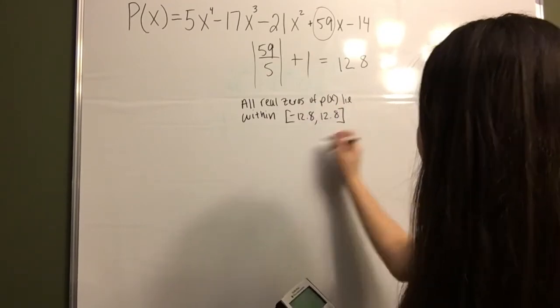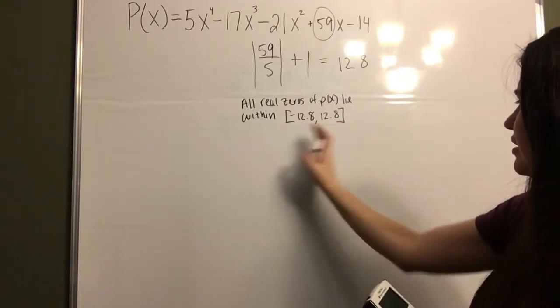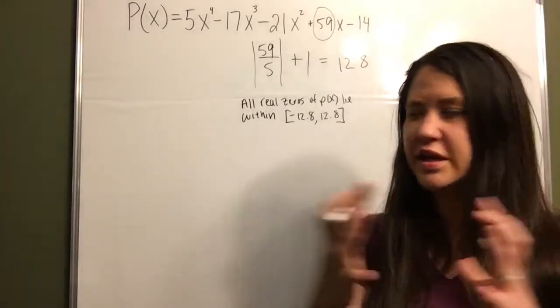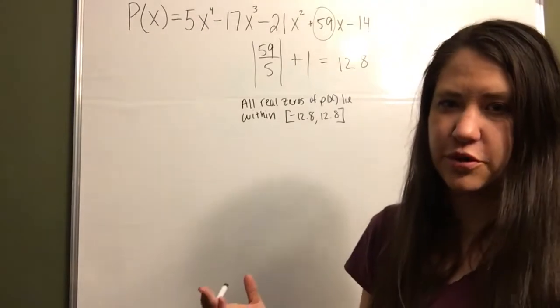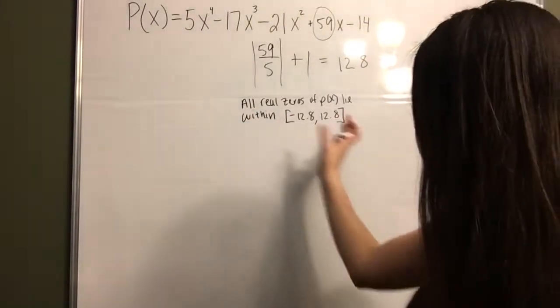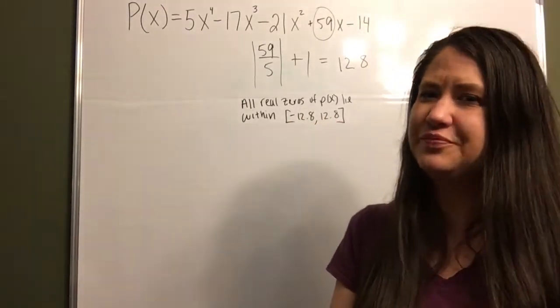So those are x values, right? So the zeros need to lie between those two numbers, which really is kind of cool because it narrows it down, right? Initially, we have no idea where the zeros are, so it could be anything from negative infinity to infinity. Now this narrows it down to negative 12.8 to 12.8, which seems much, much smaller, right?